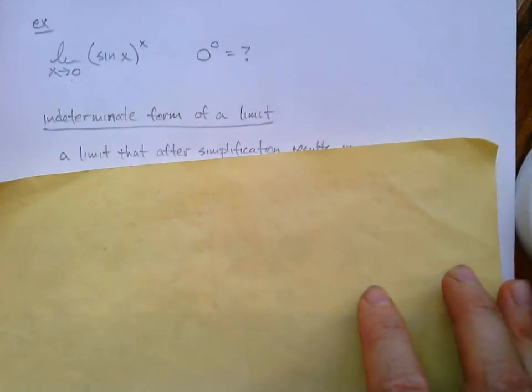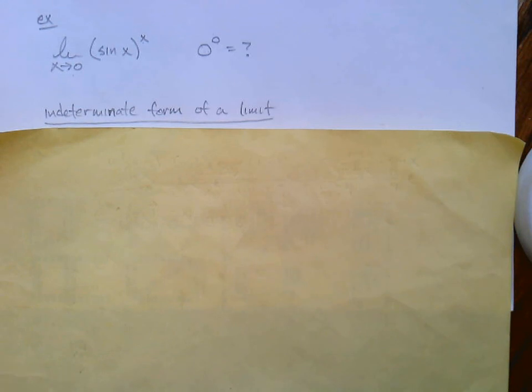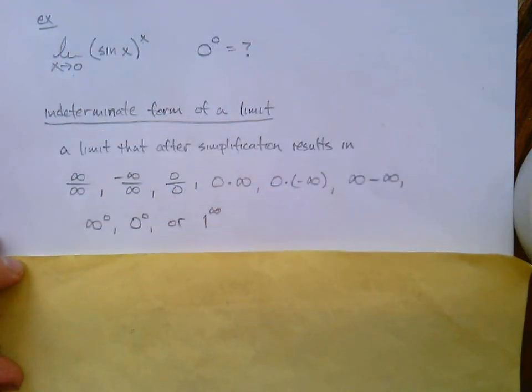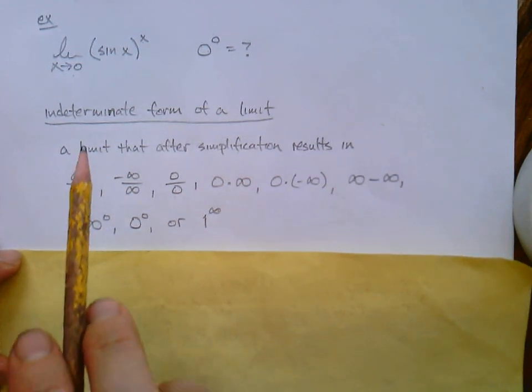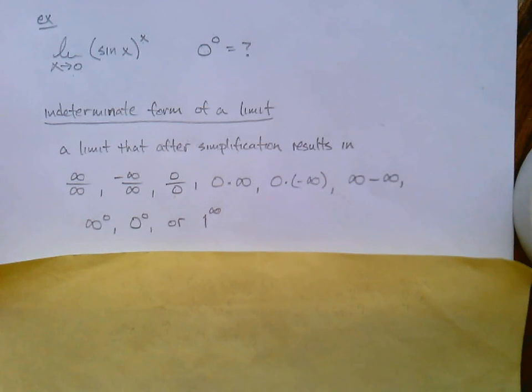First, we need to define these forms that we've seen, 0 to the 0 and the infinities. We call them indeterminate forms. So I'll show you this definition here. The indeterminate form of a limit. Just that name, indeterminate, means we don't know the answer.